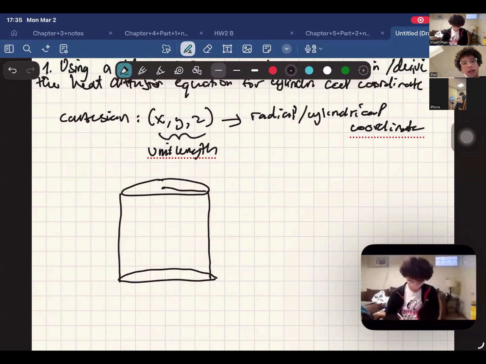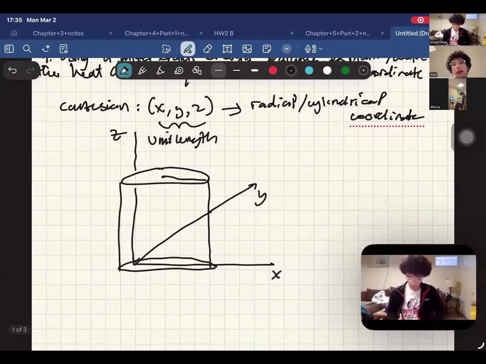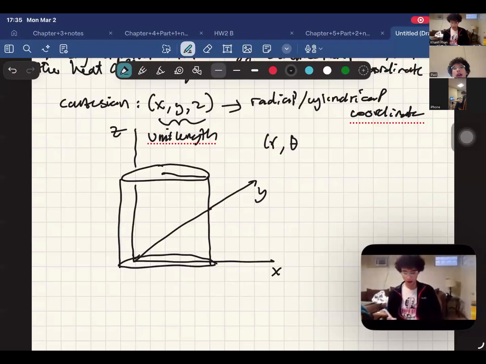Or actually, you can demonstrate the Cartesian coordinates on this cylinder: Z, X, and Y. And then in the new coordinates, we have R as in radius, theta as in the angle, and Z for height.